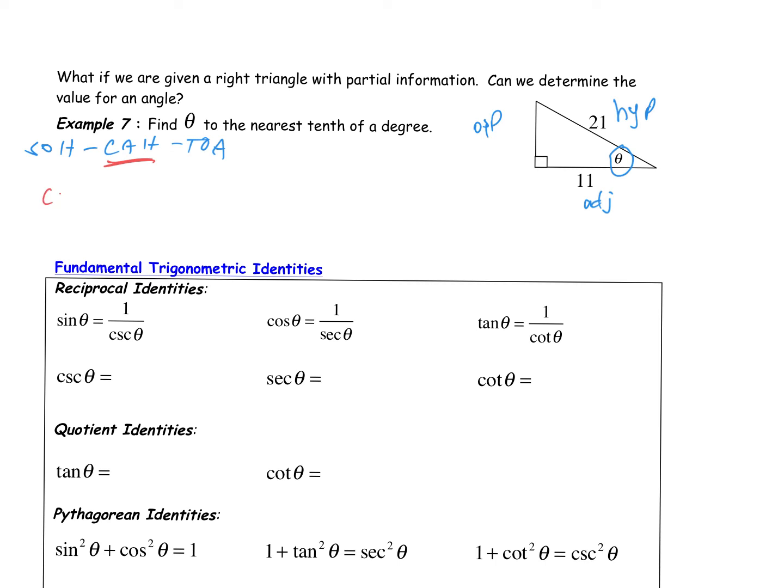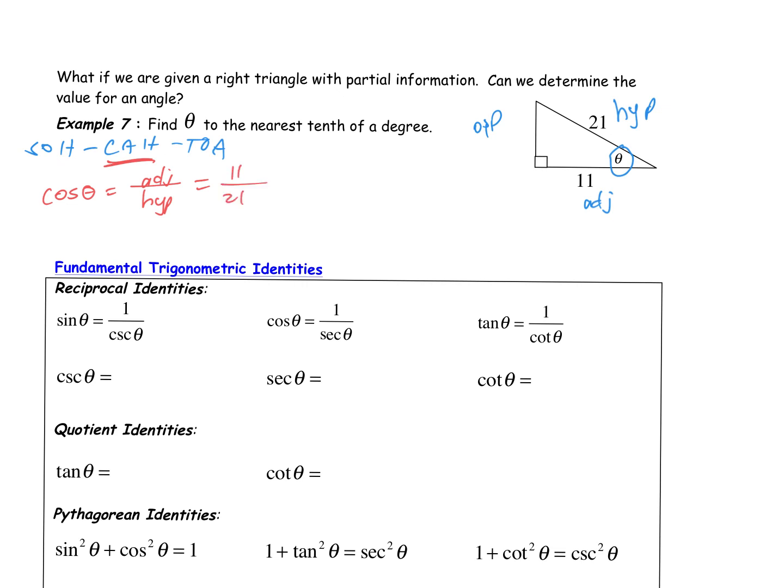So we'll say that cosine of theta is the length of the adjacent side over the length of the hypotenuse. The length of the adjacent side is 11. The length of the hypotenuse is 21.